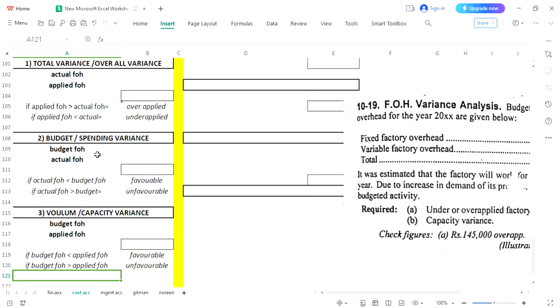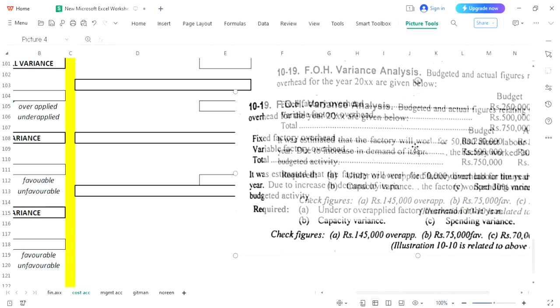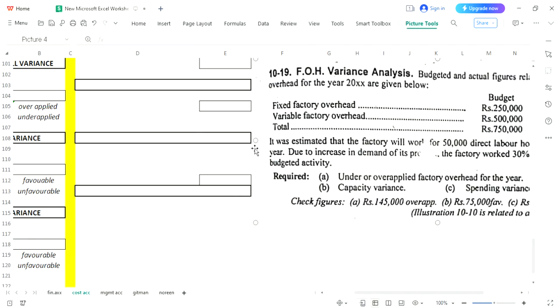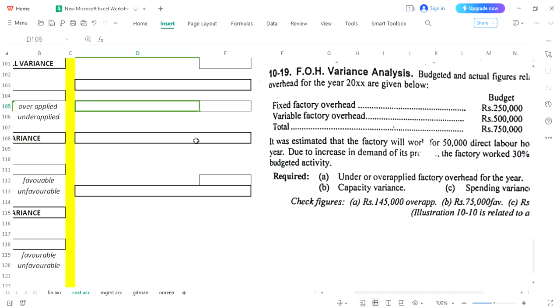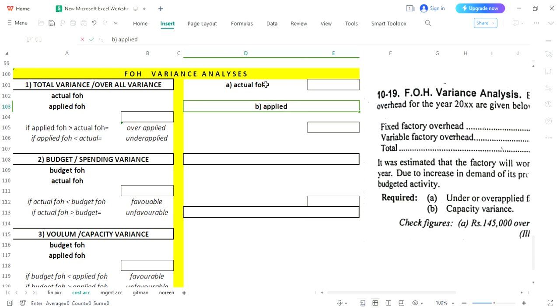So half of the part we have completed, and now it's time to focus upon the other side. Our question is present over here, and we just need to complete our supporting calculations, which will start over here. The very first thing you need is your actual FH, and as you know, actual FH would be given in your question. The second requirement would be to calculate your applied FH.